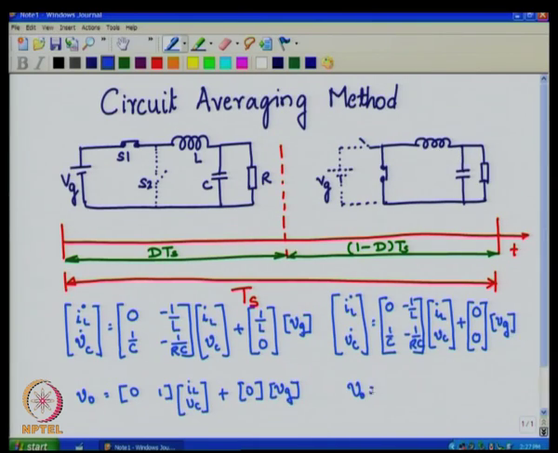Likewise, similarly, you have 0 1 times the state vector IL VC plus 0 times VG. So, this much we had covered in the last class. We had developed the individual circuit mode state equations. This portion is the state equation for mode 1, this is the output equation for mode 1, state equation for mode 2, output equation for mode 2.